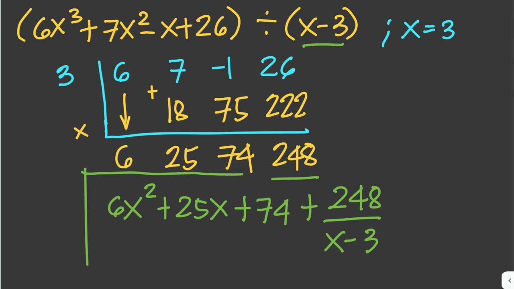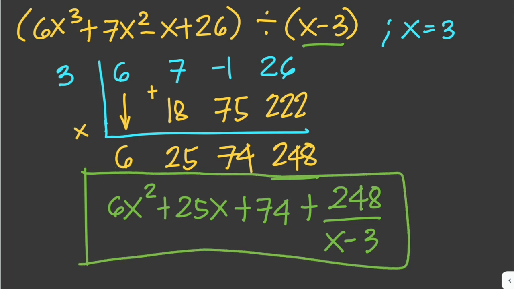So this is our answer. Therefore, 6x cubed plus 7x squared minus x plus 26 divided by x minus 3 is equivalent to 6x squared plus 25x plus 74 plus 248 over x minus 3.